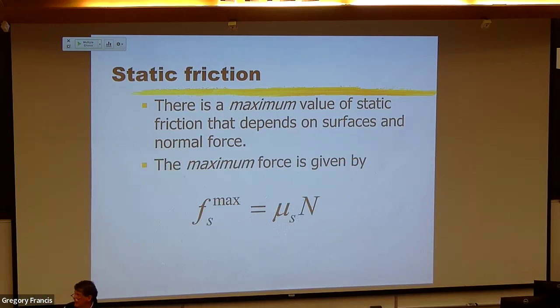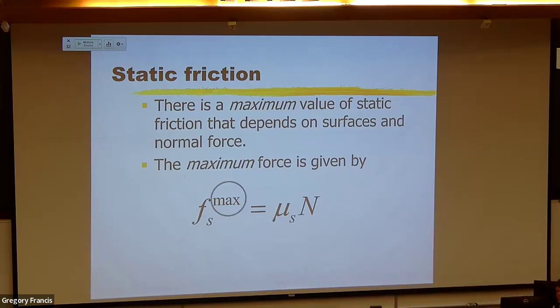Now, people, listen to me if you hear nothing else. This is not the formula for static friction. This will be on the front page of your next midterm, but it is not a formula for static friction.